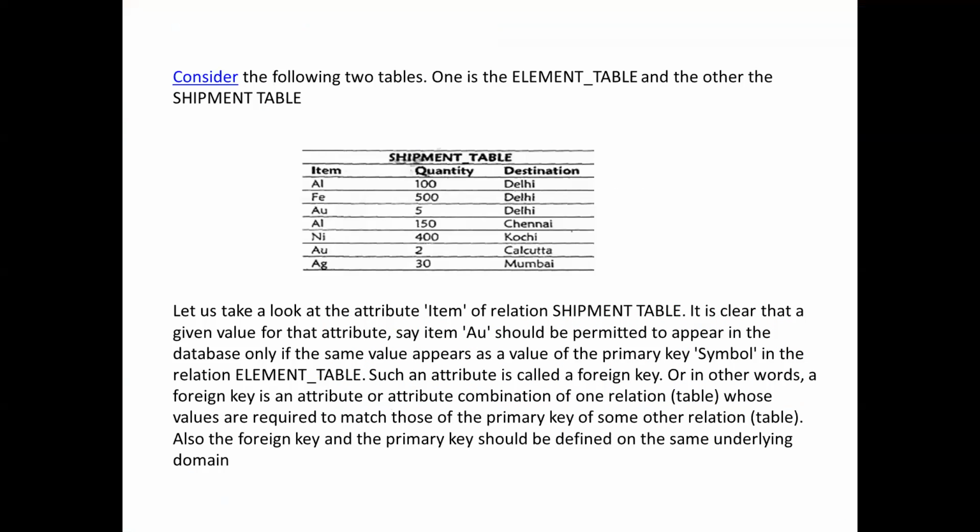All right, consider the following two tables. One is the element table and the other is the shipment table. Let us take a look at the attribute item of the relation shipment table.